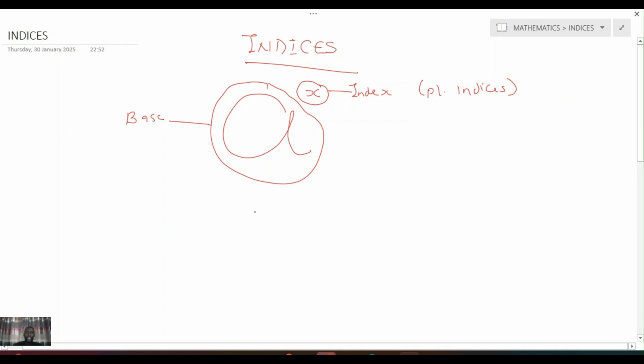There are different rules of evaluating numbers with indices. Let's talk about the different rules of indices.